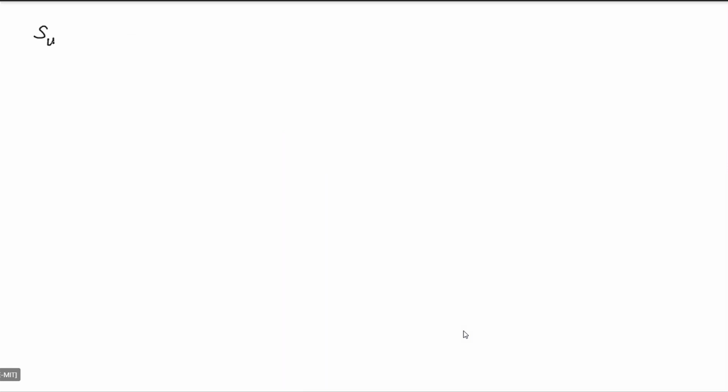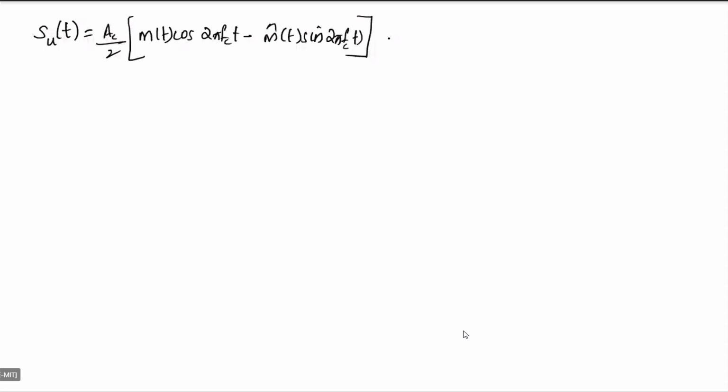Single sideband modulation with the upper sideband will have the expression AC by 2 into m of t cos 2 pi fct minus m hat t sin 2 pi fct. Or the lower sideband will have the expression AC by 2, or in general, plus or minus.